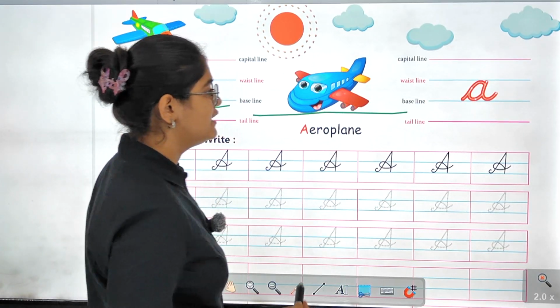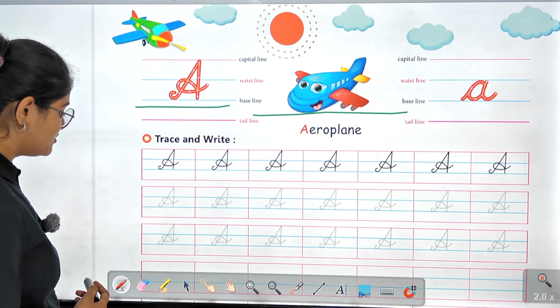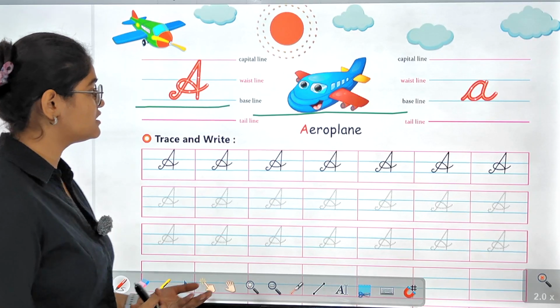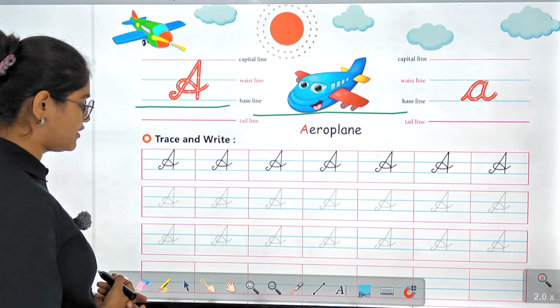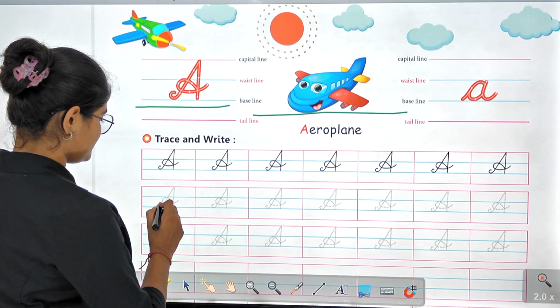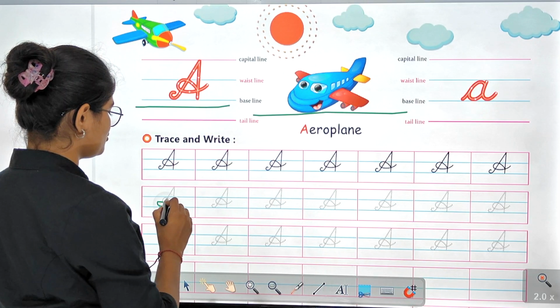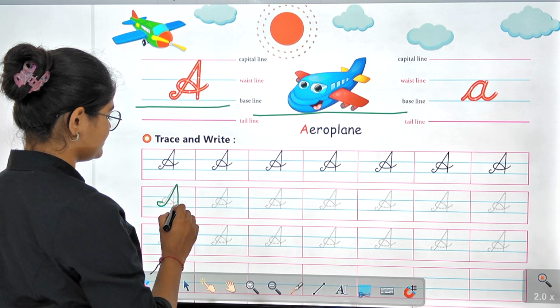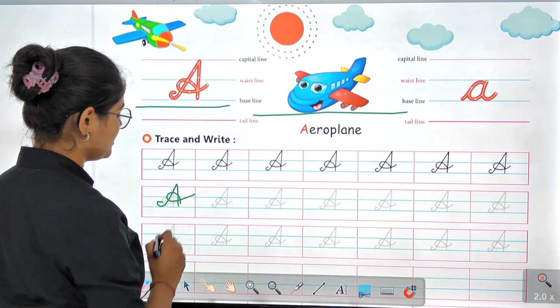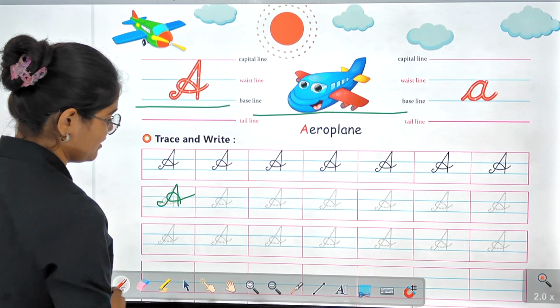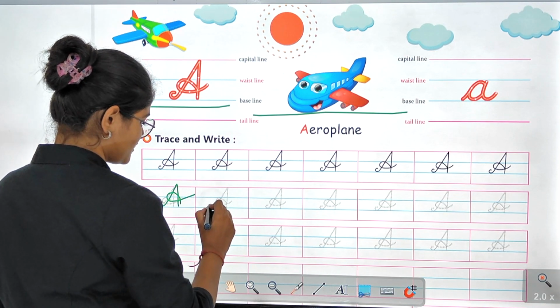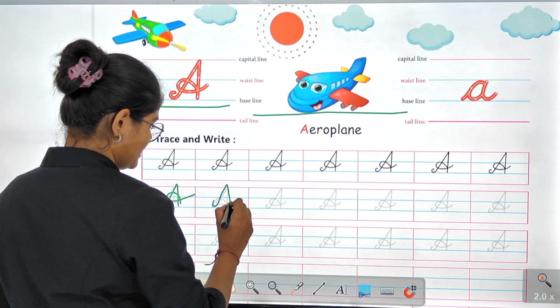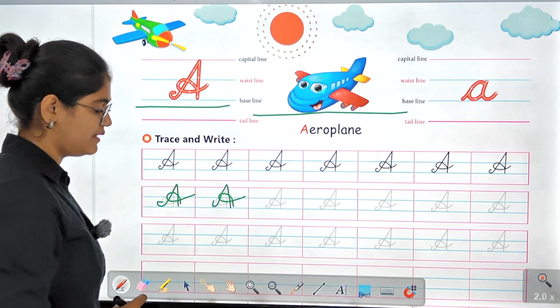aeroplane, right? So let's see how we can make the cursive A for aeroplane. It is very simple, just make a slanting line, then a standing line and a curve like this. And it makes A for aeroplane.